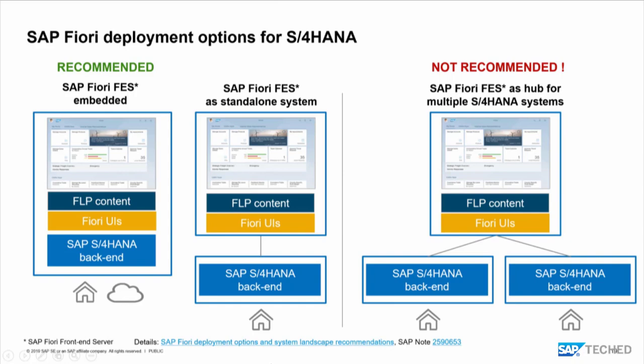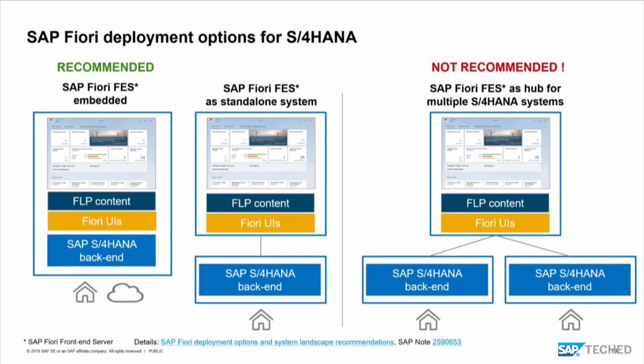The reason is very simple. In Fiori for ERP, the strategy was to keep the ERP system stable, and Fiori was the innovation, so to innovate against a stable backend. This was the strategy for Fiori for ERP. With S4HANA, it's the other way around. In S4HANA, the backend is the innovation driver.